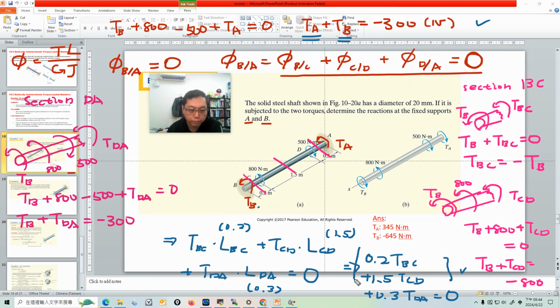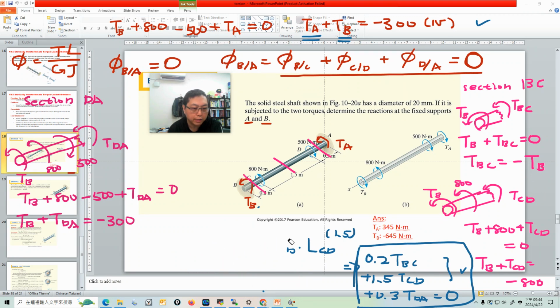So we start from this and erase this here. From the cut section, we already know TBC is equal to minus TB.